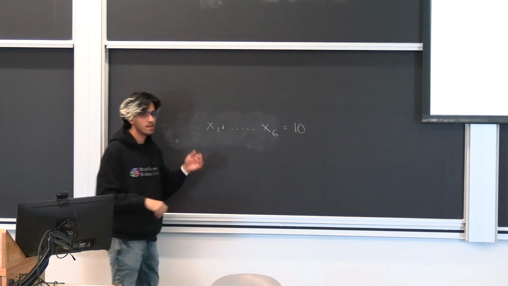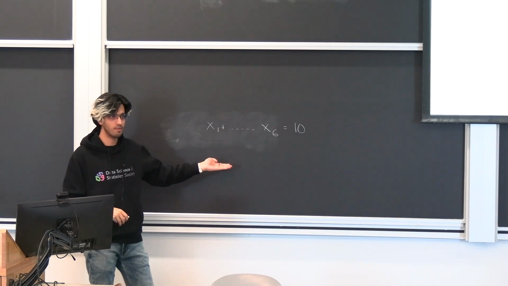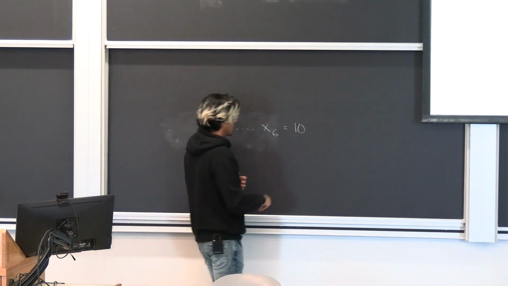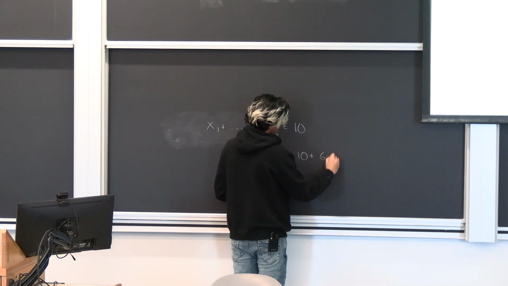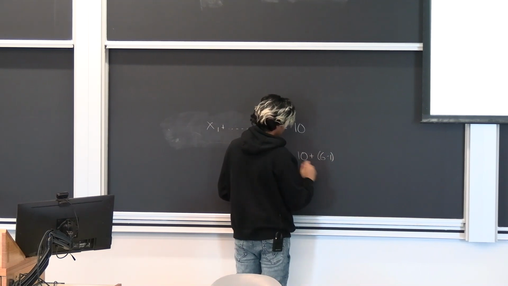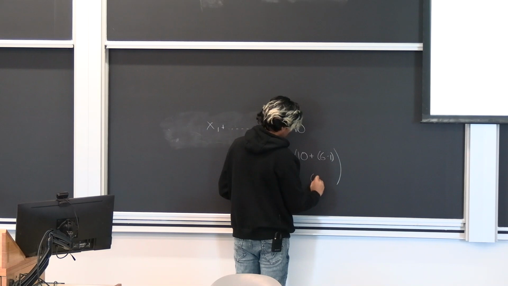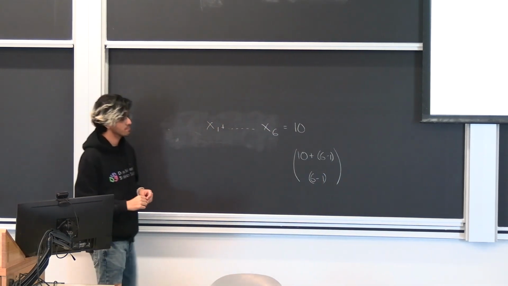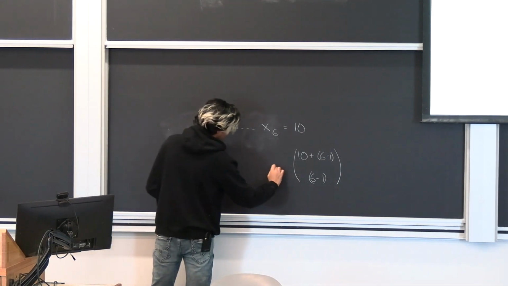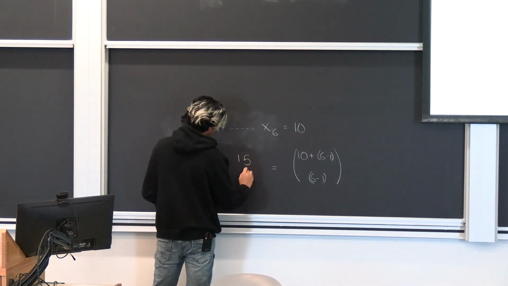Right? And then we know what the formula for this is, right? It's 10 plus 6 minus 1, choose either 10 or 6 minus 1, either or. Right? This would give you 15, choose 5.